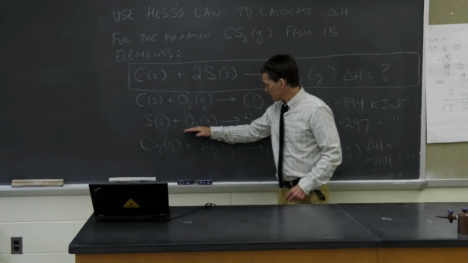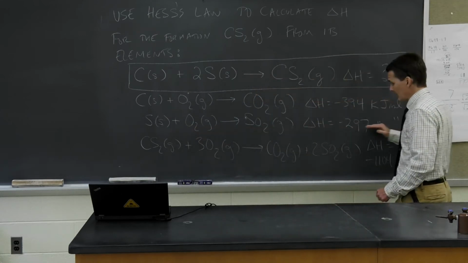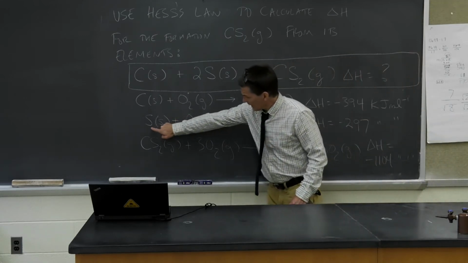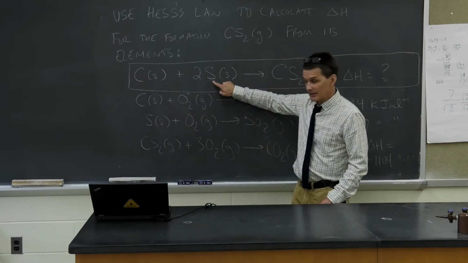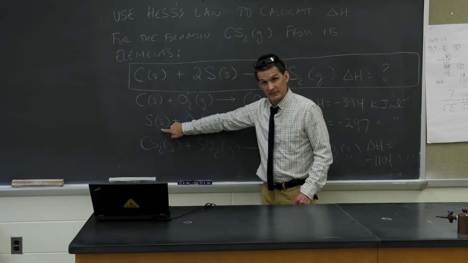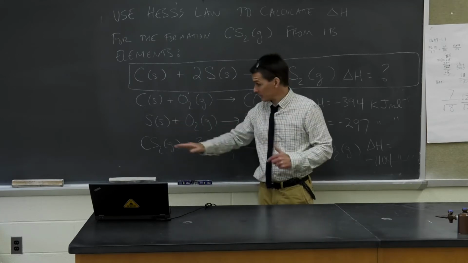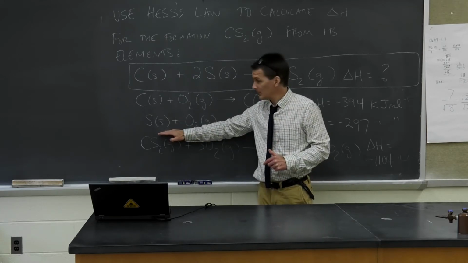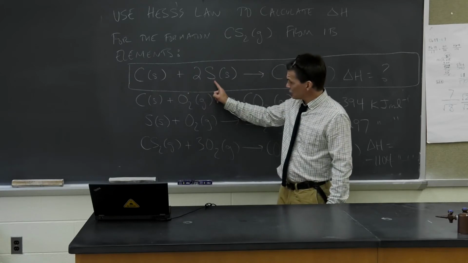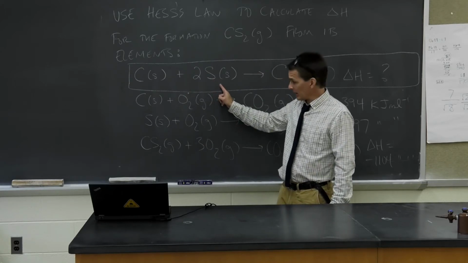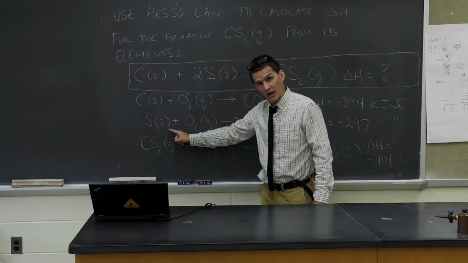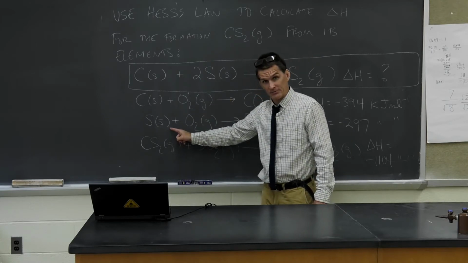Let's go to this second reaction here, and I'll notice I have some solid sulfur that I need as a reactant, and it is listed as a reactant. So that's good. I'm not going to flip this reaction. I'm going to leave it the way that it is. But I notice that I need 2 solid sulfurs in my overall reaction, whereas I only have 1 in this particular reaction.